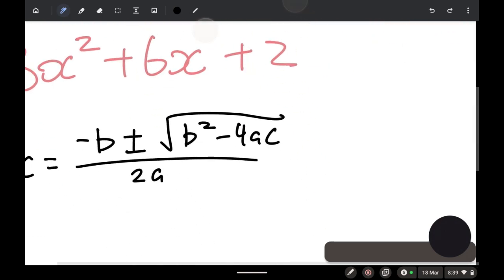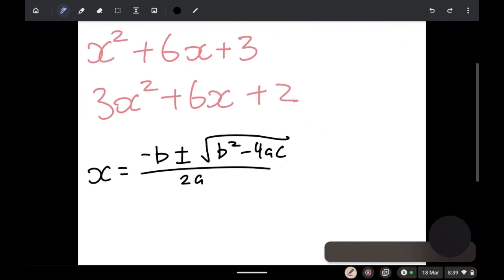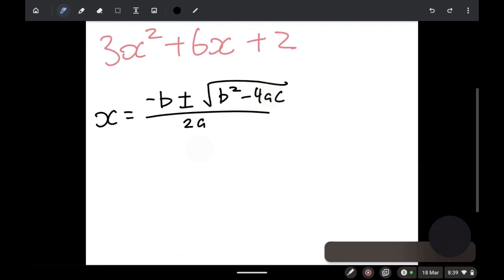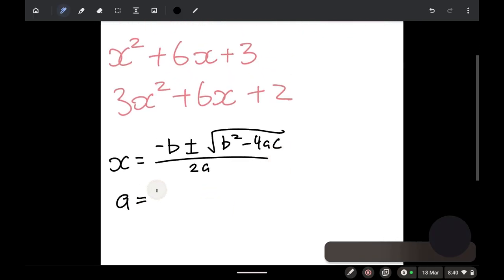Okay, so we put that in. So let's use this equation for example. We all must write down A equals to 1 because you don't see any number in front of the x squared. Okay, then how do we know what's B? Just like A, B is the second number, so it's the second number in the equation too.